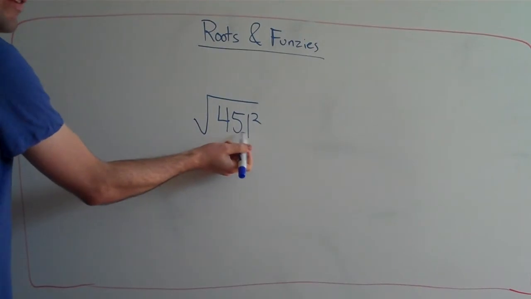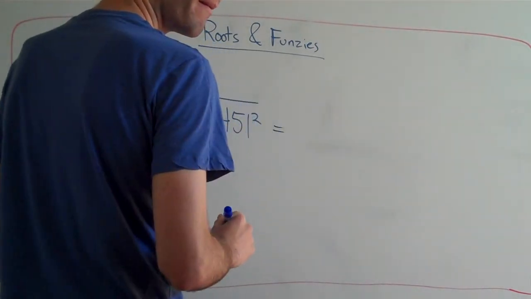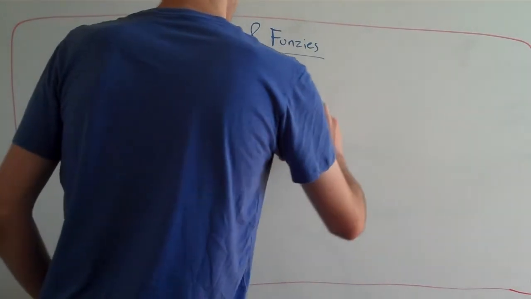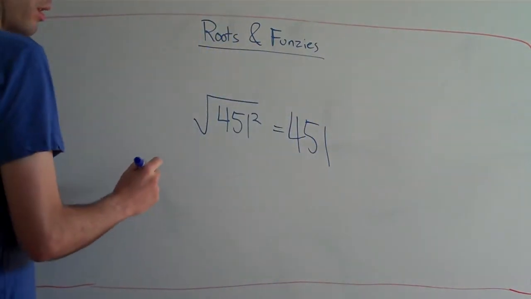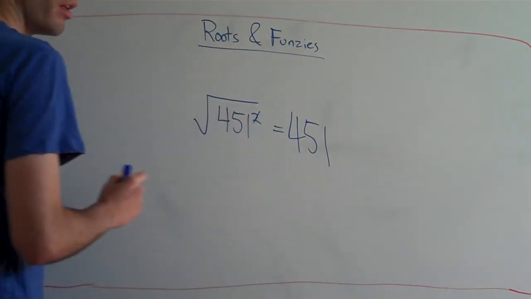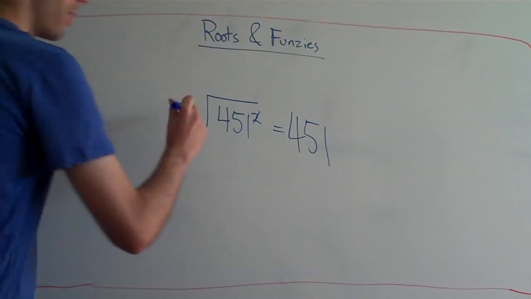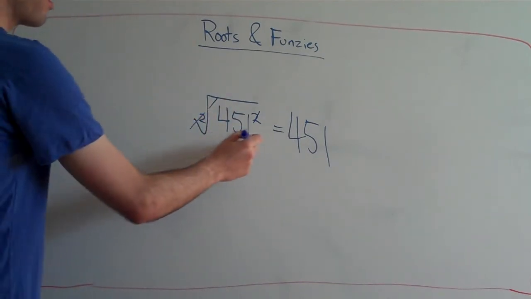The square root of 451 squared. What do you think the answer is? It's 451. So what cancels out? The 2 and the imaginary 2 there. They cancel out, and you're just left with 451.